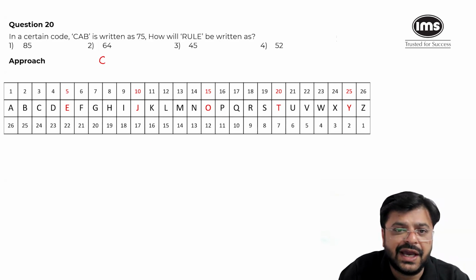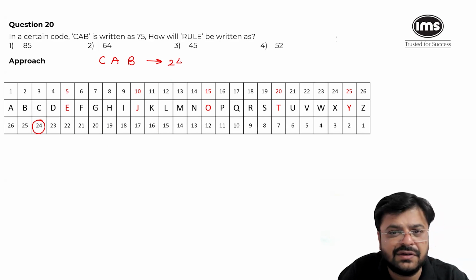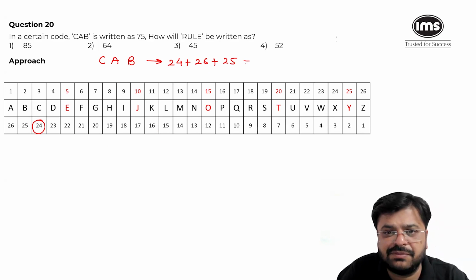Now, CAB is written as 75. So C, when counted from the end, is the 24th letter. When A is counted from the right end, it is the 26th letter, and B is the 25th letter. The sum is equal to 75.